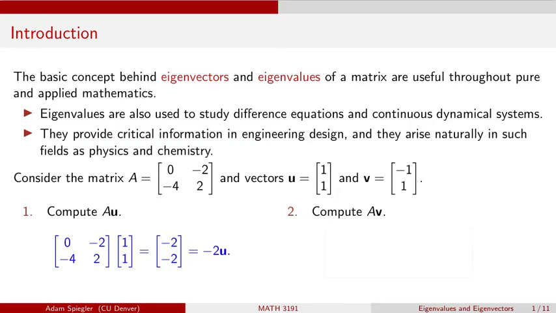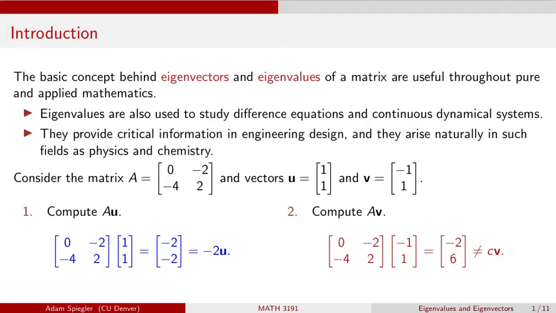So let's see what happens when we take the product of matrix A times vector V, which now is -1, 1. Calculating this product, we get -2, 6. And notice this is not a scalar multiple of the vector that we started with.